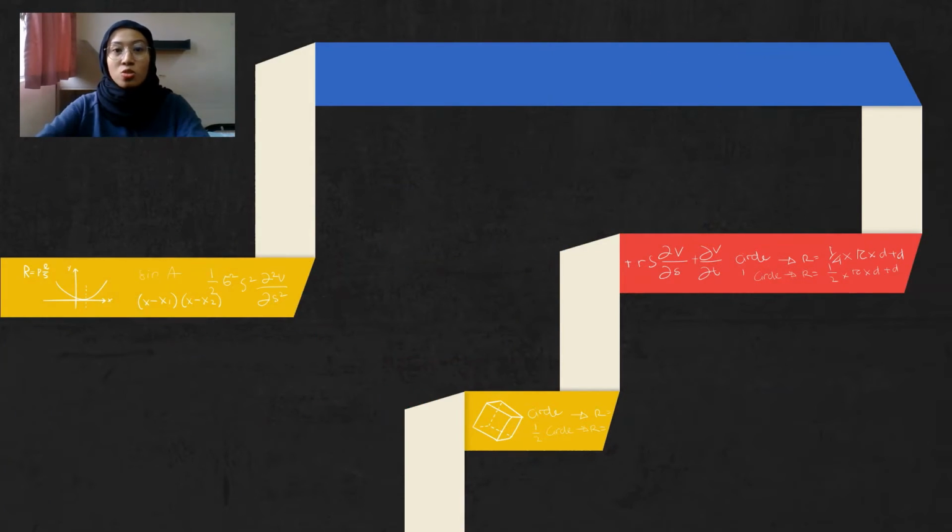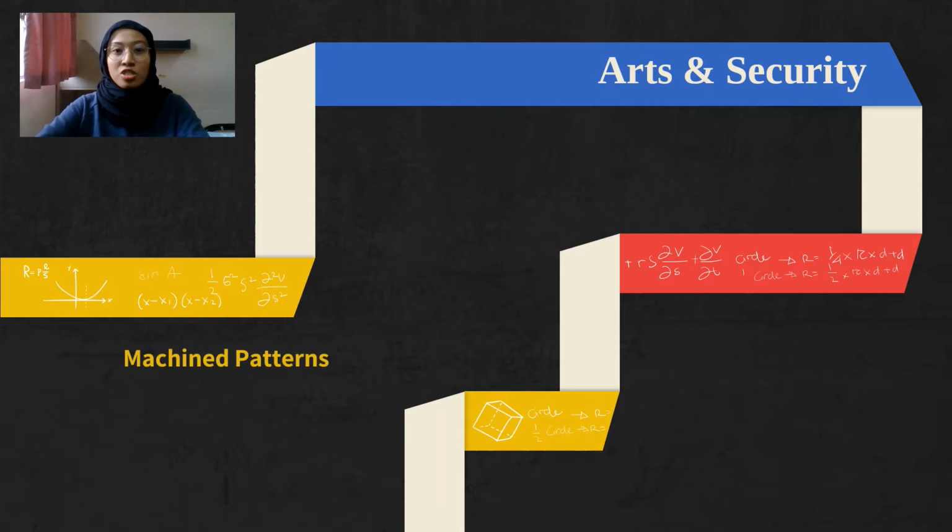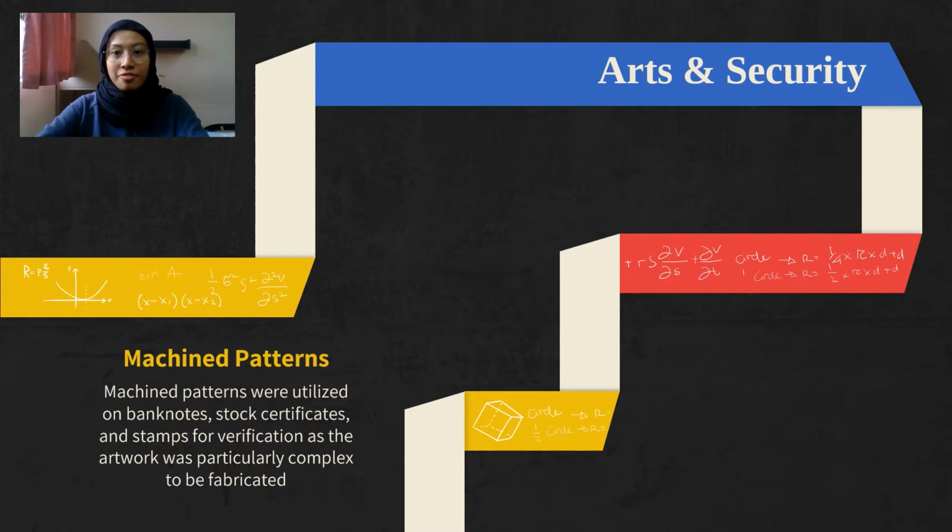The cycloid is also used in ornamental art of mechanical engraving. Machine patterns were utilized on banknotes, stock certificates, and stamps for verification in the 19th century, as the artwork was particularly complex to be fabricated. Straight line ruling, the most basic of these security engravings, is based on a cycloid variation known as the prolate cycloid.